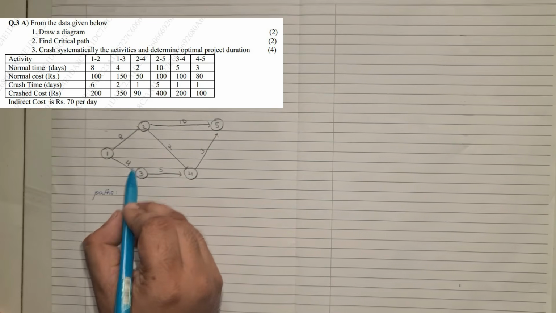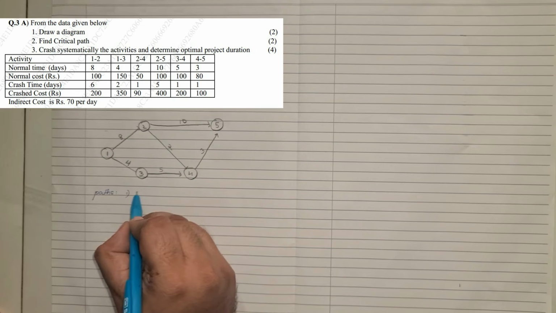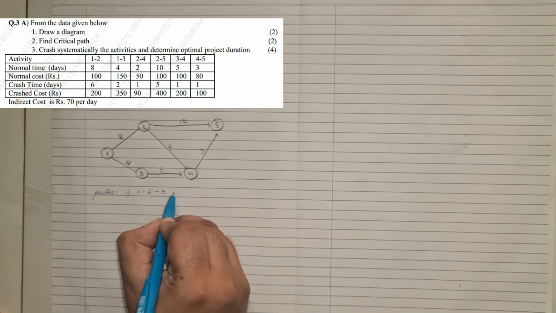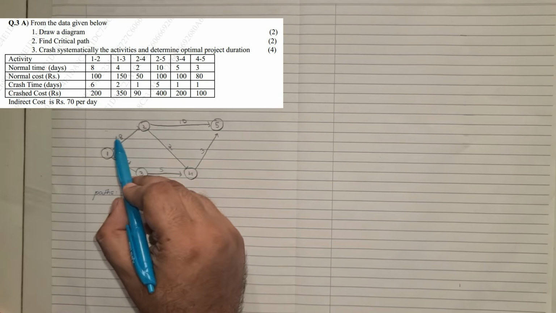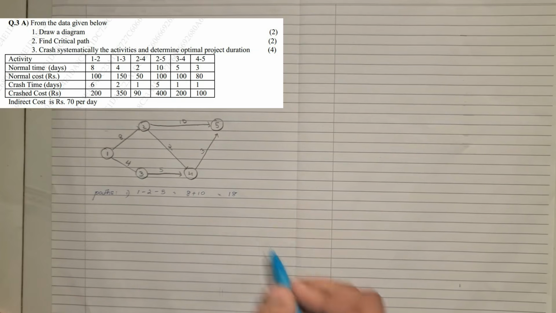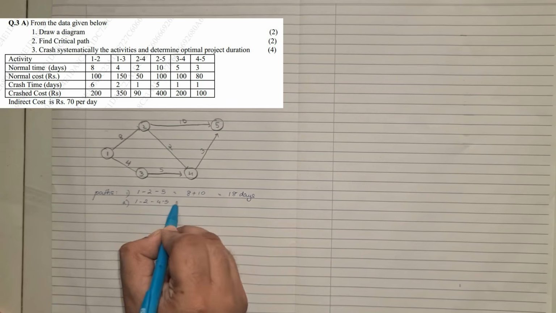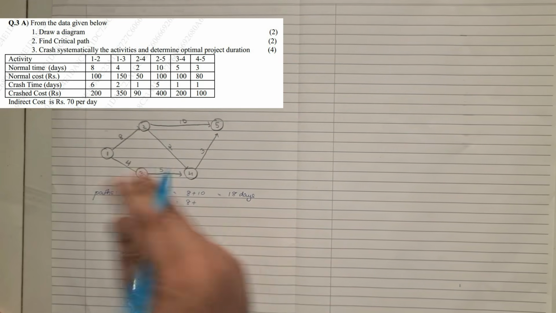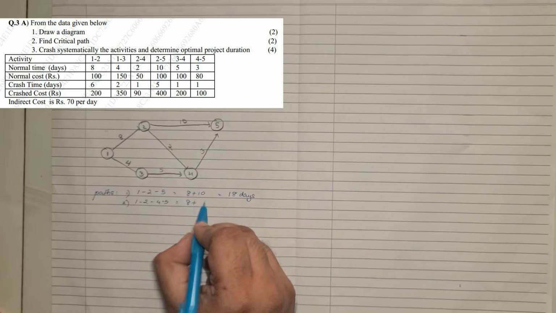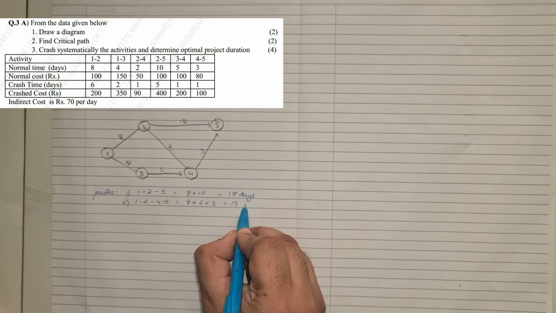So what are our various paths available here? The first path is 1 2 5, and the period to complete that is 8 plus 10, which is 18. They're talking about days, so it's 18 days. The second one is 1 2 4 5, with times 8 plus 2 plus 3, which is 13 days.